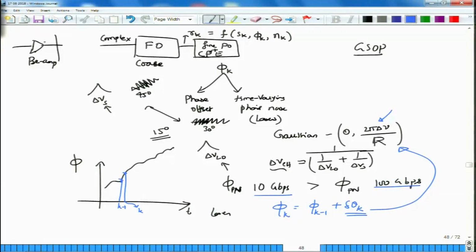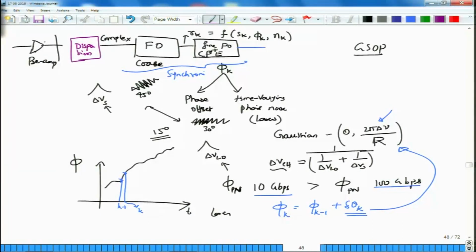After you have estimated this phase noise which is time varying, clearly you would need some sort of an adaptive system to track something that is time varying. So now you have performed the synchronization, as we would call it, where both frequency offset estimation and phase noise estimation would be performed. I am sorry, I forgot to mention one important topic before we go to the frequency offset, and that is dispersion compensation.